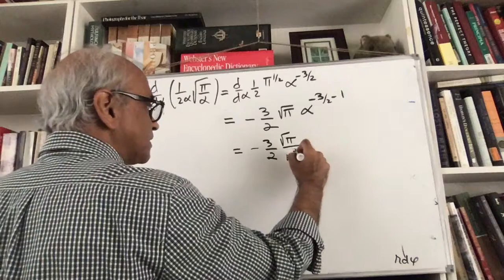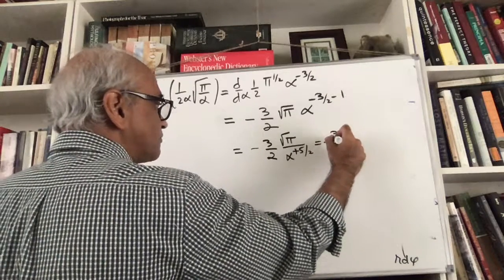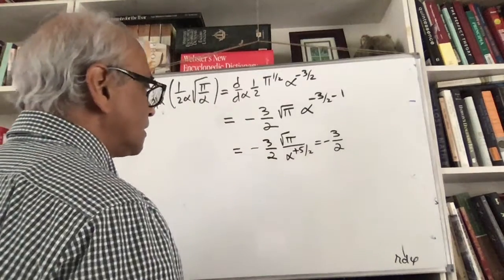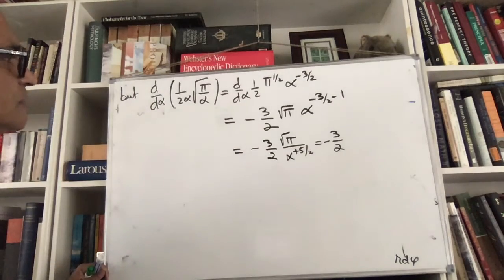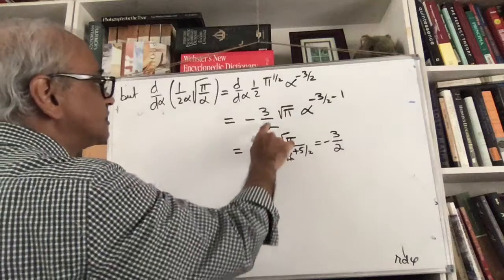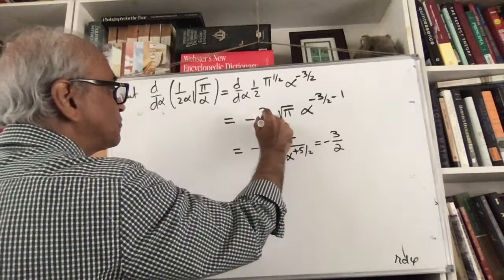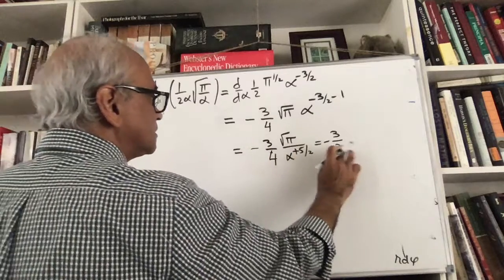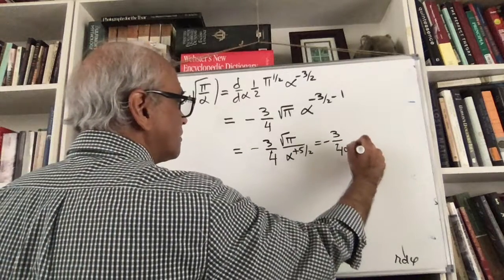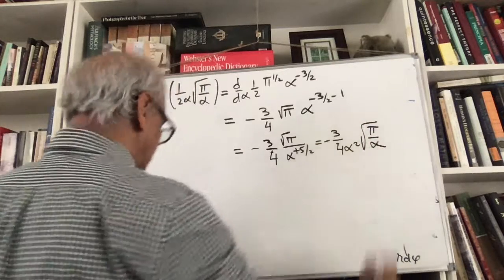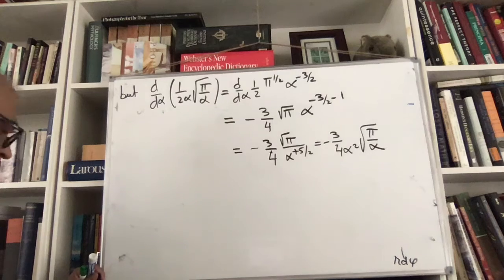So plus, because I'm bringing it down here. So minus 3 over 2. And then I have a 2 here, right? So that 2 times 2 gives me 4. This gives me 4 alpha squared pi over alpha. Okay, I have a negative there.